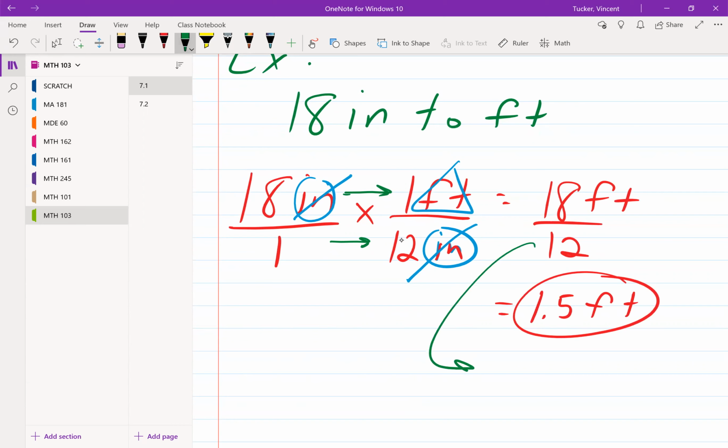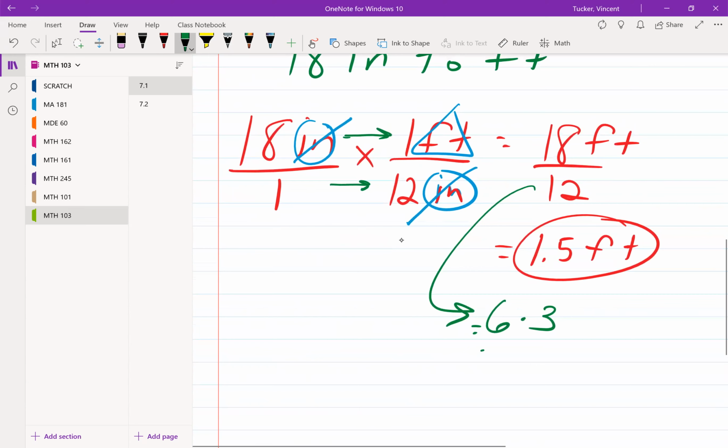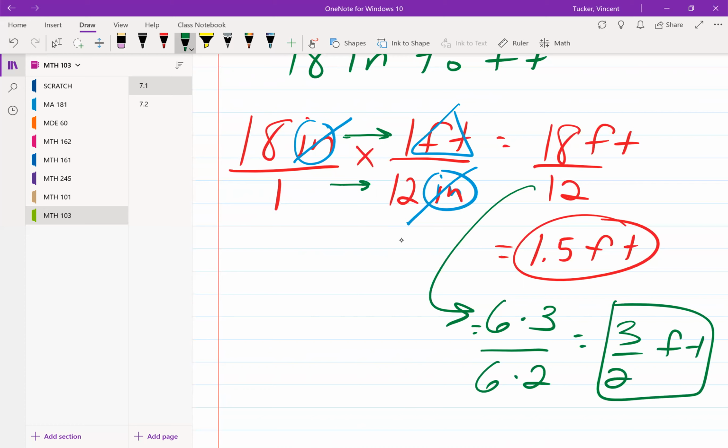If you decide to keep it in a fractional form, 18 is 6 times 3, 12 is 6 times 2, and that leaves you with 3 over 2 feet. Your 6 is canceled. So that's a legitimate answer as well. Either one of these answers will be fine. The key here, though, is that if I start off in inches, I need inches down here to make the fractions connect so they can cancel out.